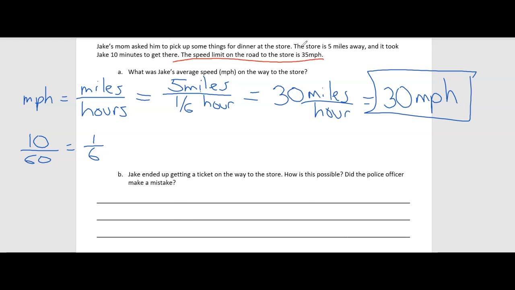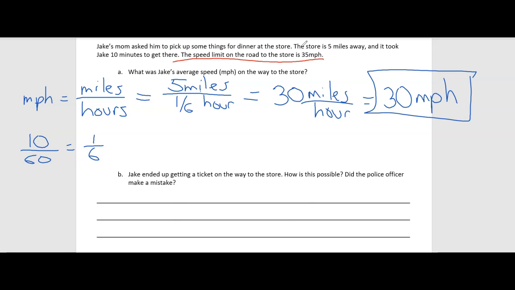We could assume that maybe Jake slowly pulled out of the driveway, then he slowly sped up his car, and maybe he ended up getting to 50 miles per hour on his way to the store. And then when he was pulling into the parking lot, he slowed it down. But his average speed ended up being 30 miles per hour. So just because his average speed is 30 doesn't mean he may not have sped up past 35 and then slowed back down.